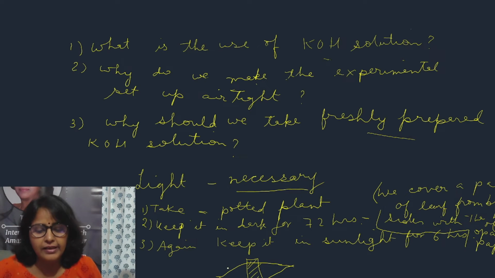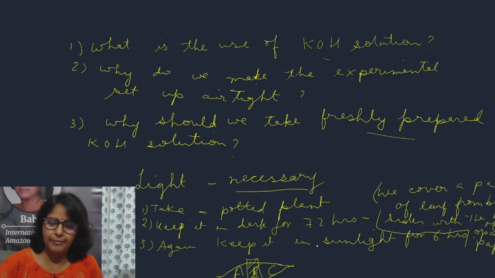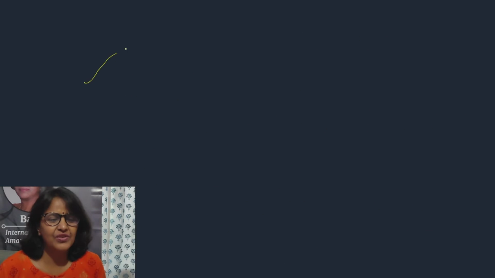Let me mark these areas A, B and C. After keeping the plant in light for 6 hours, we will pluck that leaf.